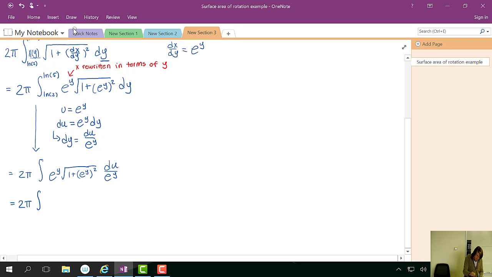And so we notice that now, as written, e to the y and e to the y can cancel. And we will have square root of 1 plus, remember, u is equal to e to the y, so u squared du.